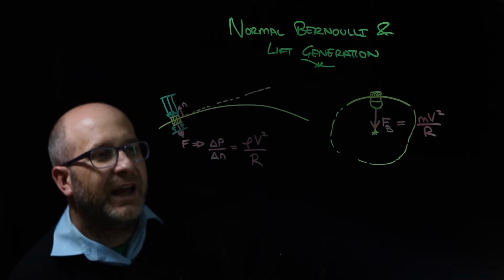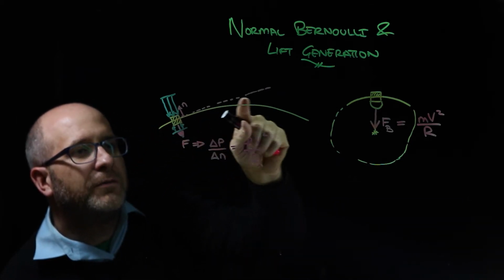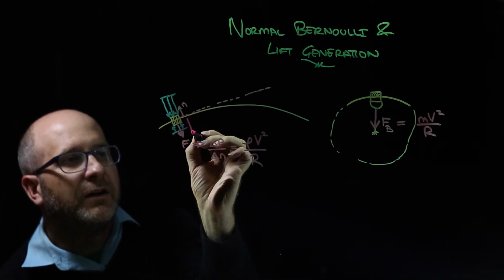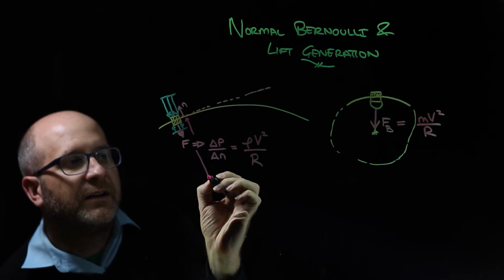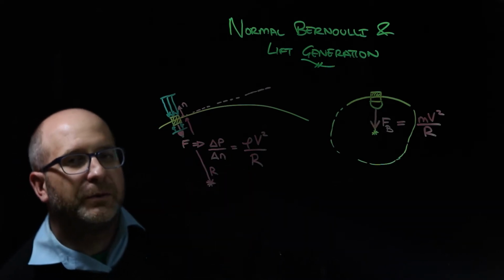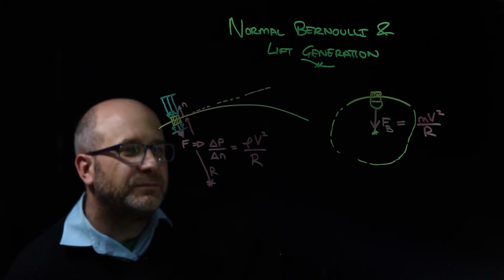So what this is saying is the change in pressure with respect to the normal direction is rho v squared over r. And I'm actually going to draw the r in here like this. So there's my radius r for this particular curve that this particle is going through.